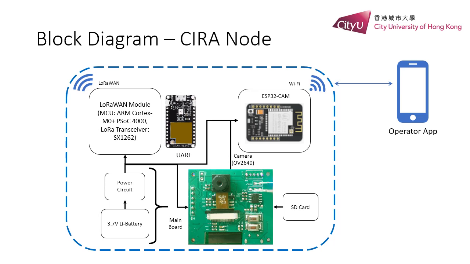The two modules are integrated to the main board, and they are connected through UART. For testing, we use 3.7 volt Li battery. Later, for our outdoor version, we will change to outdoor battery. The SD card is to store the image.